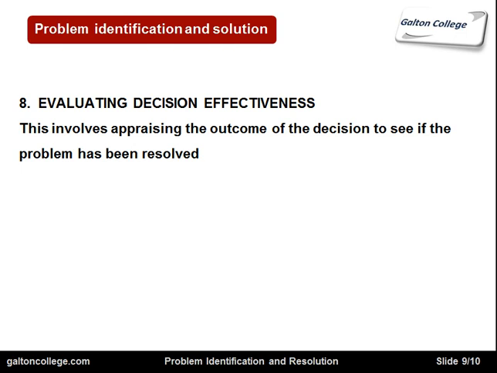Go back to the start and look for a new solution, or go back to one of the alternatives which was rejected at the earlier stage. But if it's not working, it clearly needs to be reviewed and alternatives again must be found. If it is working effectively, then there's no problem. Continue with the course of treatment, as doctors might say.